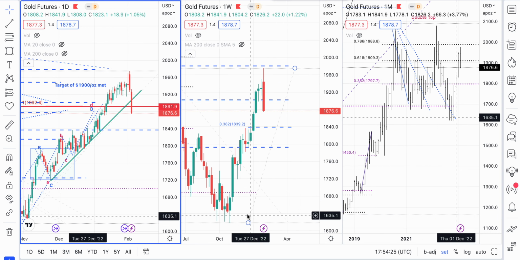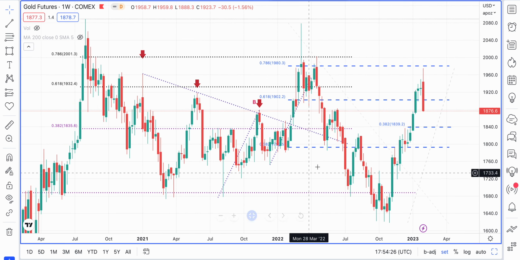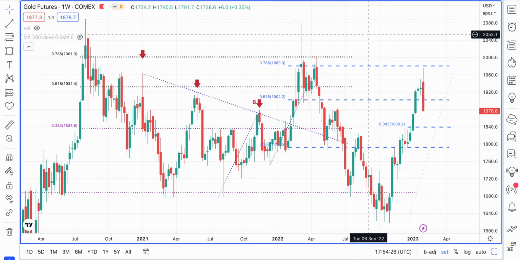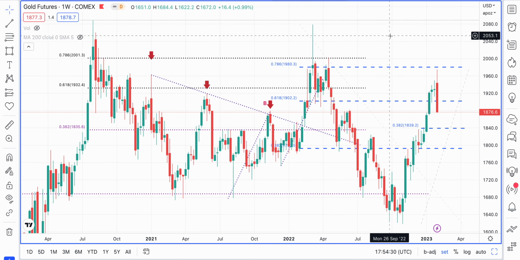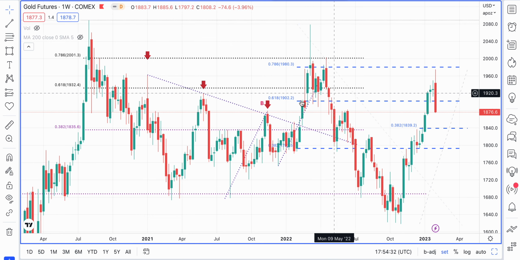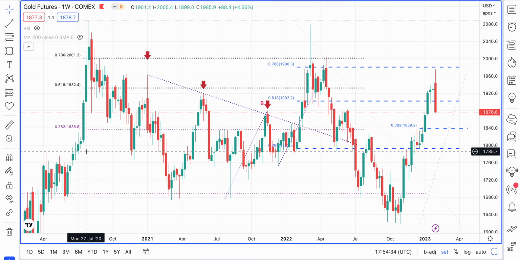I'm just going to switch over to the weekly chart because it's easier to see more history over a longer period of time. So here we go. This is August of 2020. That's the all-time high reached, I believe. Yes, because this one is lower.